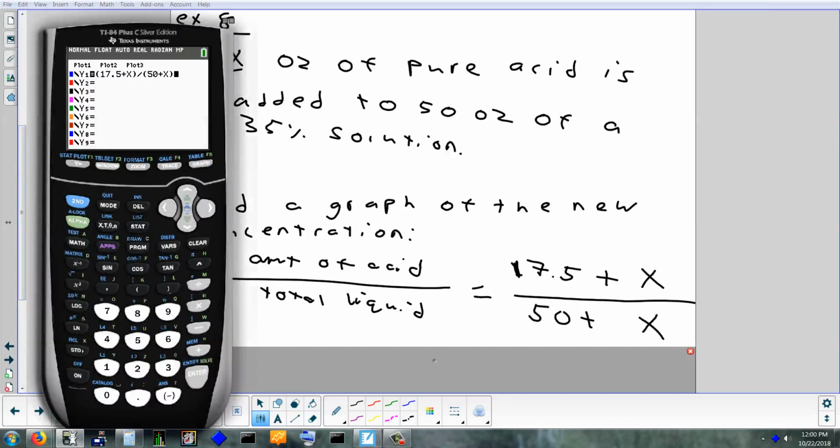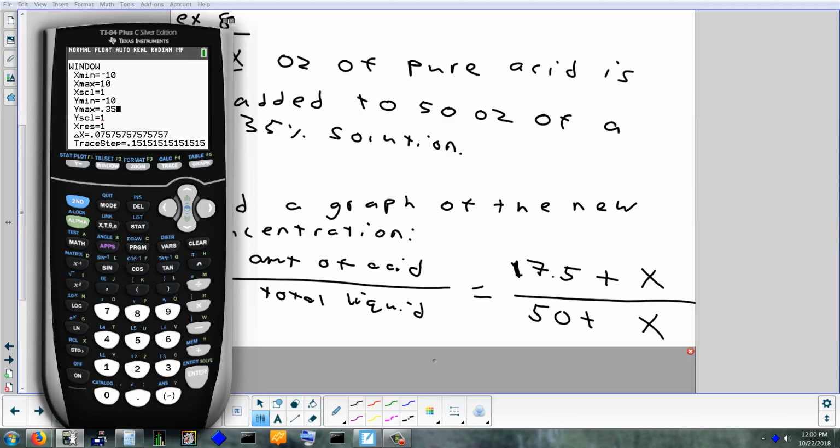Now, if the concentration is 35% and you're adding pure acid, can it get any weaker than 35%? Are we diluting it? No, we're not diluting it. So your concentration will never go below 35%, which we're looking at as a decimal.